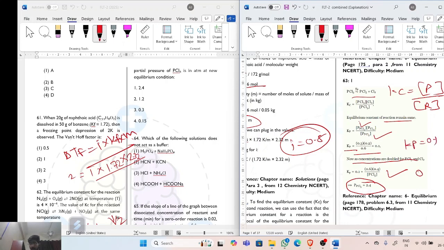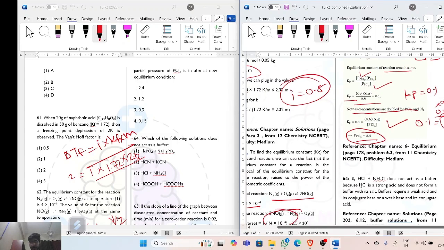Kp's value is 0.1, so 0.1 equals 0.3 multiplied by 0.4 divided by the PCl5 pressure, which we have to find out. By solving all this, we get the PCl5 value as 2.4. We have to find its partial pressure, which comes out to be 2.4.